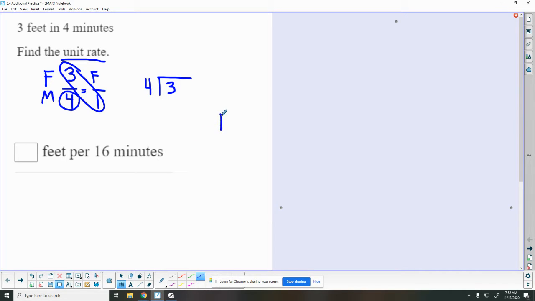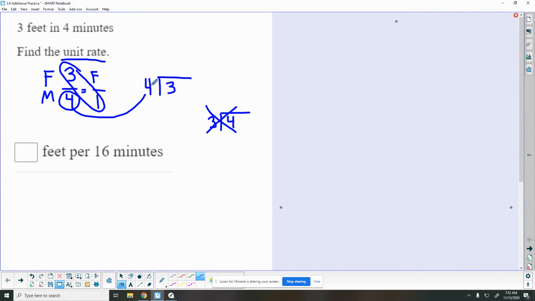I think a lot of you were setting it up and putting 4 inside because you're like, oh, 4 is bigger, but that's going to give you a different problem. So even though the 3 is littler than the 4, this is what's put inside as our dividend. The number that's alone is always going to come on the outside. It's like alone, you're keeping it outside.